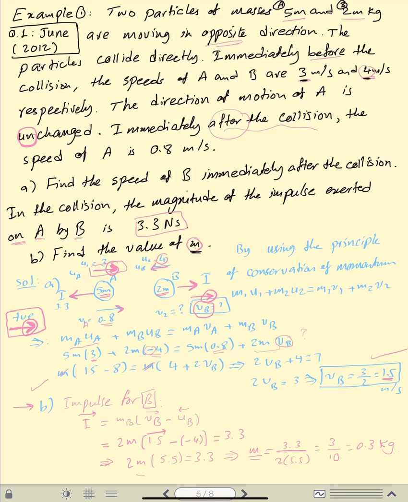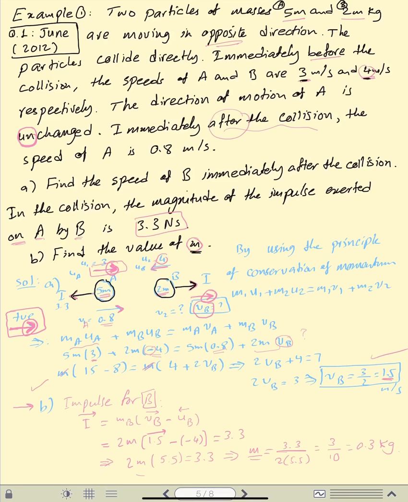Before I start calculating or writing the formulas, sketch the diagram of the given information. So this is particle A, 5m, this is particle B, and each particle exerts an impulse I on the other in opposite directions.